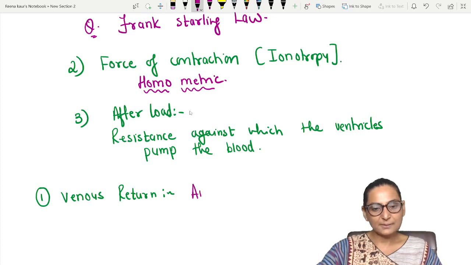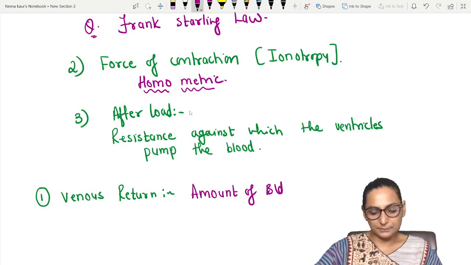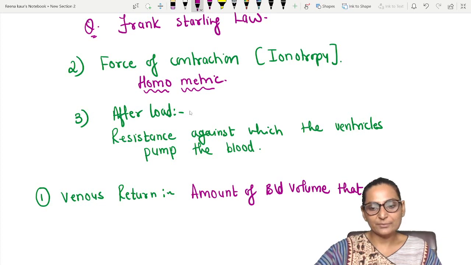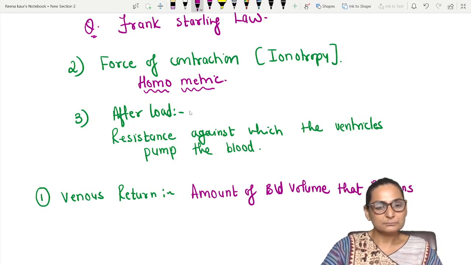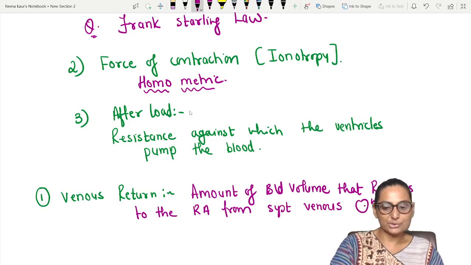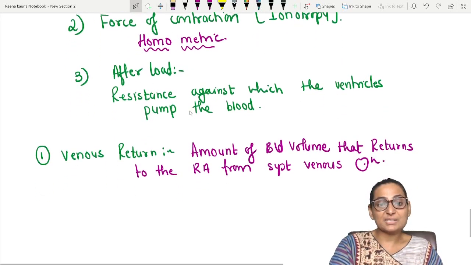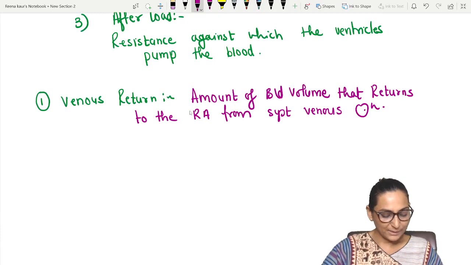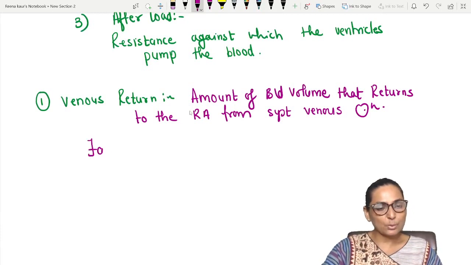Okay, it is the amount of blood volume that returns to the right atrium from systemic venous circulation, and this venous return depends upon many factors. Okay, so there are many factors on which this venous return depends.